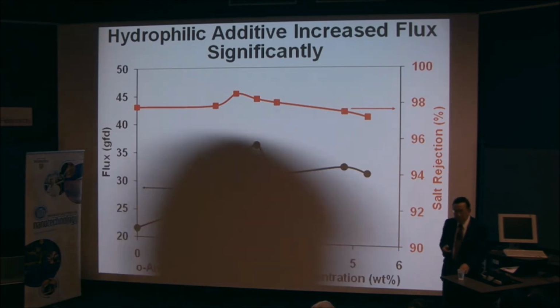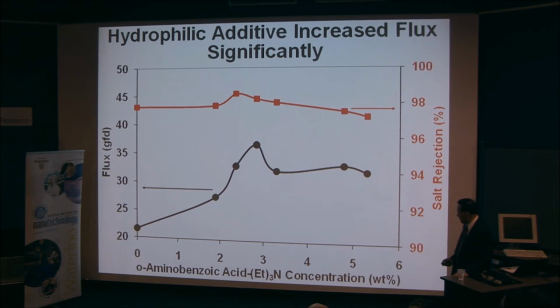The hydrophilic additive that we put in during the interfacial polymerization is aminobenzoic acid amine salt. We start with John Cadotte's teaching. Without our additive, we obtain about 22 GFD, which we saw earlier. When we increase the additive, we see a significant increase in the water flux.